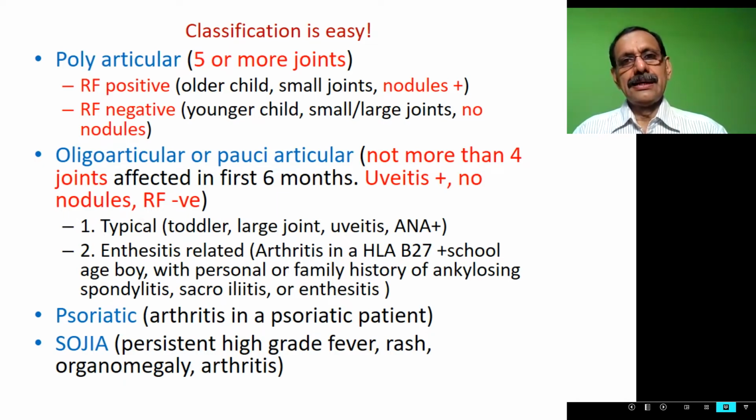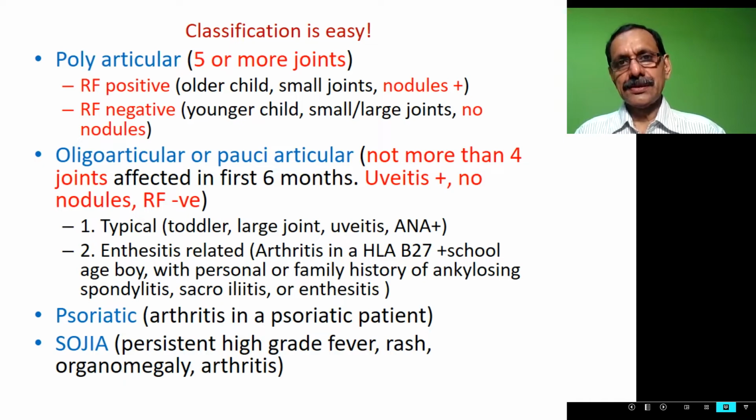And the next one is the psoriasis related, where you find either a family history or the personal history of nail changes or skin changes along with arthritis. And in psoriatic JIA also you can have uveitis and other systems involved.